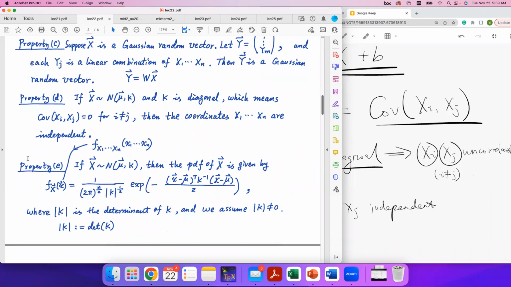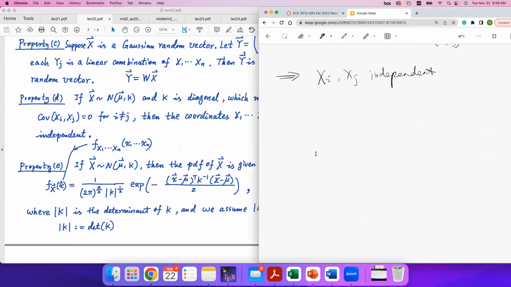Now the last property is the joint PDF of this Gaussian random vector. Let's say for a Gaussian random vector, we know its mean vector and its autocovariance matrix. Given these two, we can write the PDF of X in this way.